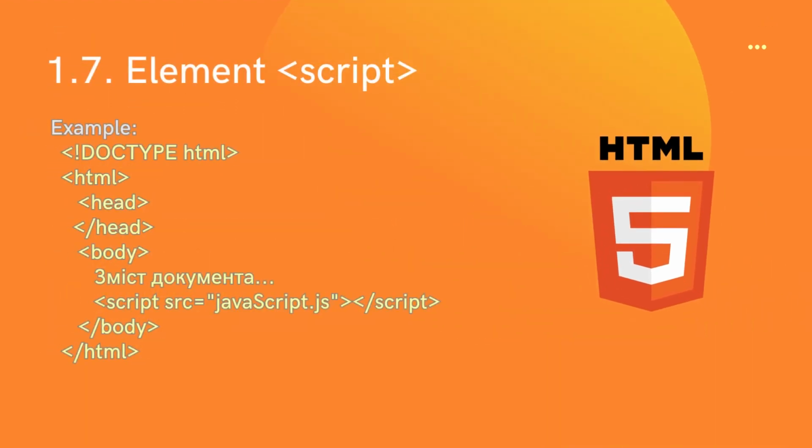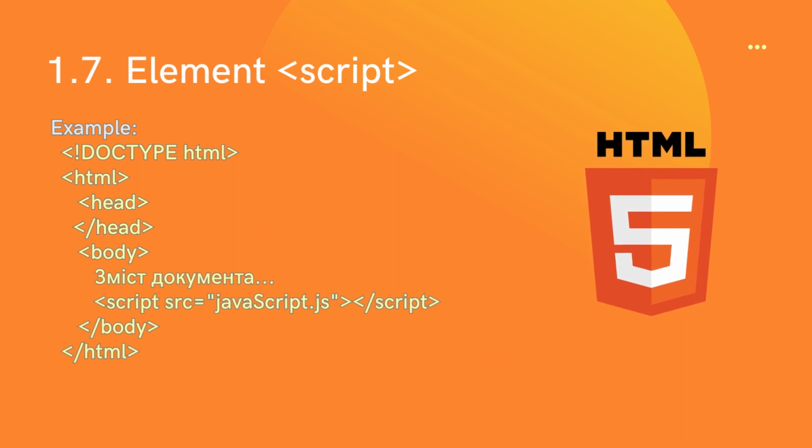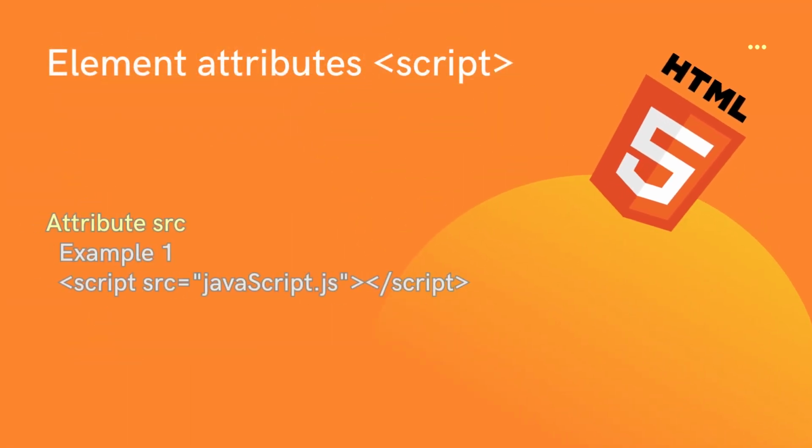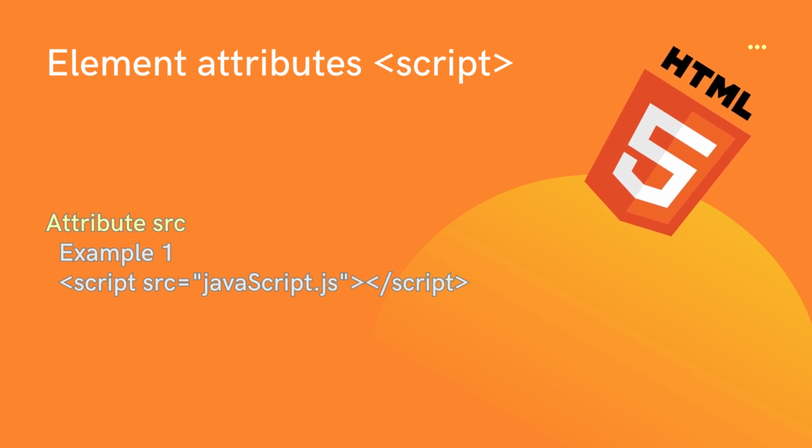The script element allows you to attach various scripts to the document. The script text can be located either inside this element or in an external file. If the script text is located in an external file, it is linked using element attributes. Example. The attributes described on this slide as well as global attributes are available for the element.